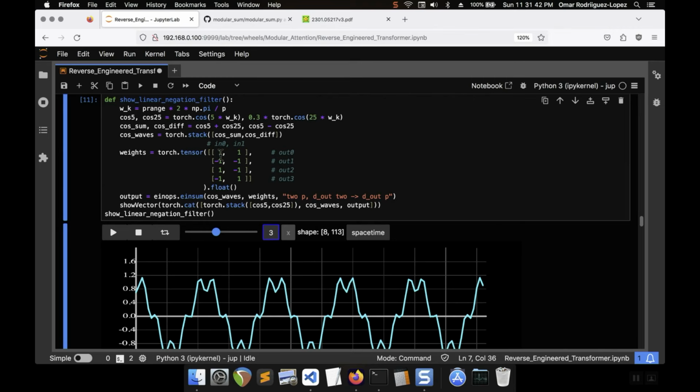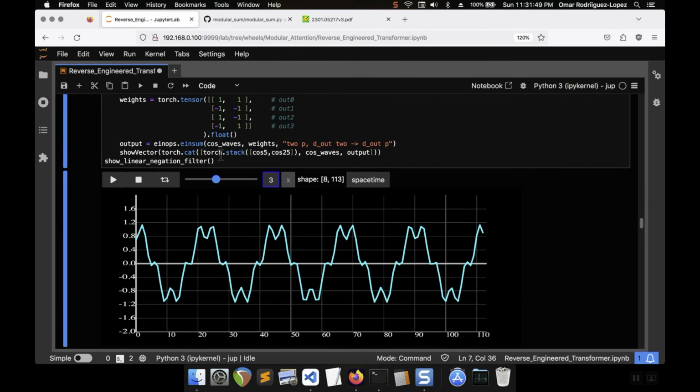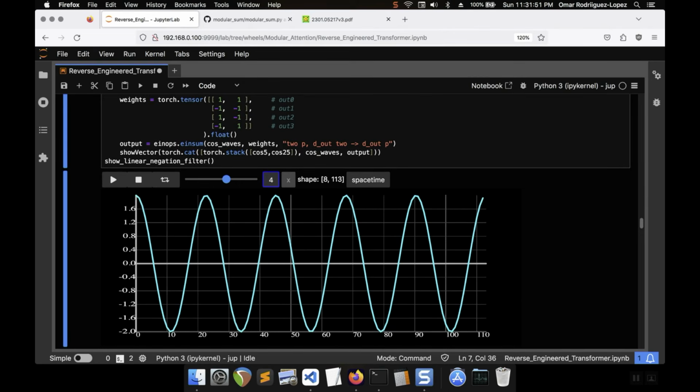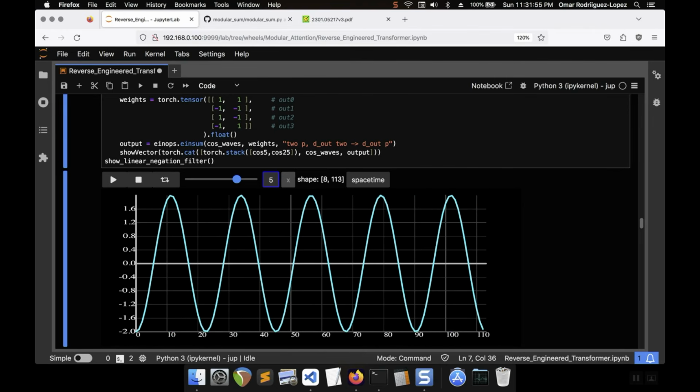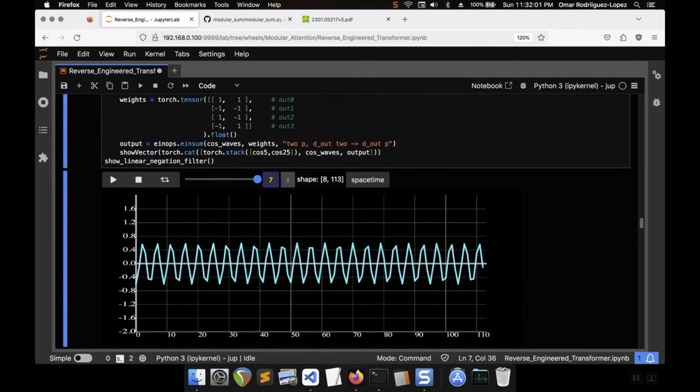So if you do this linear transformation, this is what you end up with: an isolated 5 hertz frequency, a negation of that, an isolated 25 hertz, and its negative.